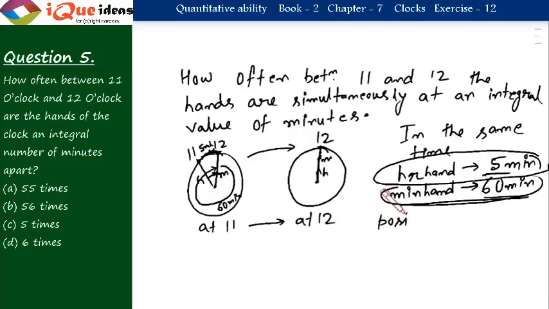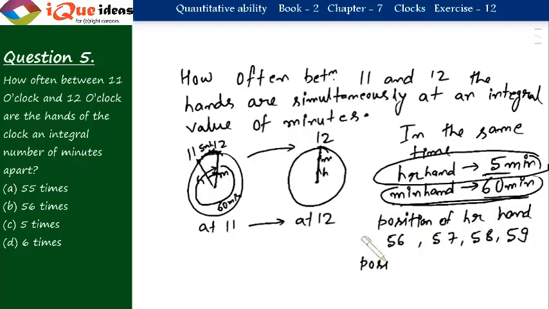That means the positions of the hour hand will be 56, 57, 58, 59. These are the only 4 situations, because when it becomes 60, it will be at 12, and the question is asking only between 11 and 12. So do not include the moments of 11 o'clock and 12 o'clock.